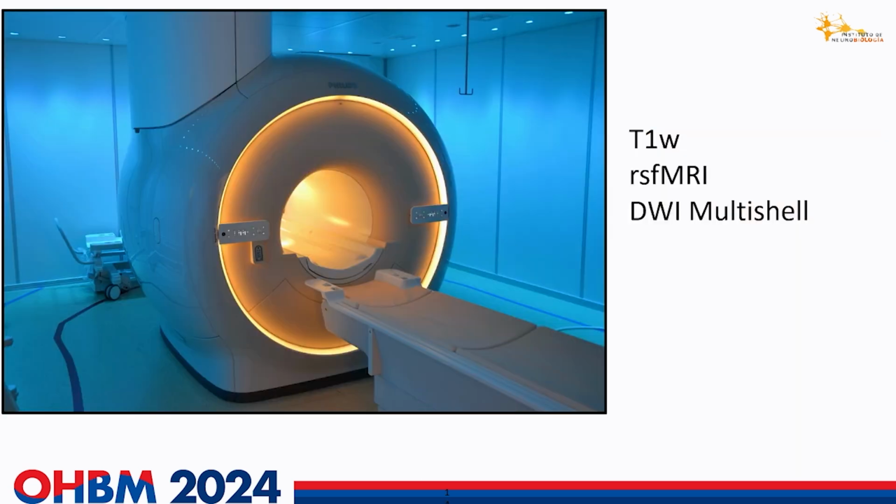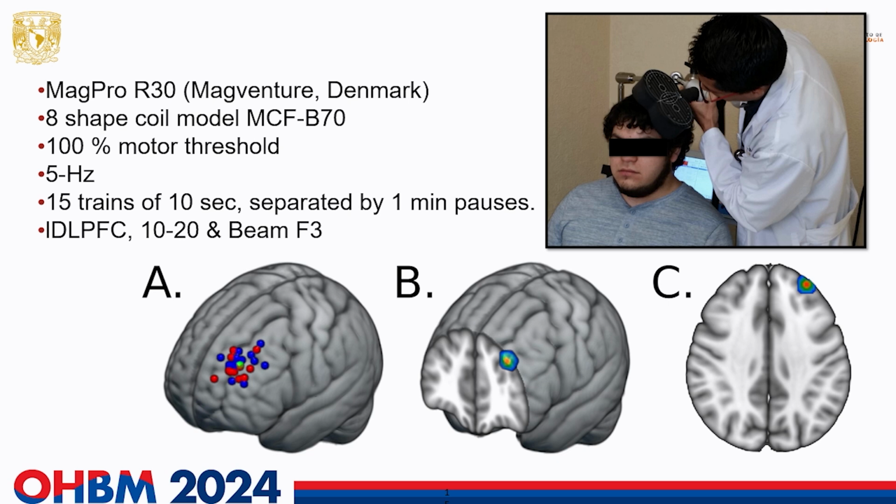We acquired T1-weighted images, resting-state fMRI, and multi-shell diffusion with a Philips Achieva, sorry, it's an Ingenia that we had for the clinic. And what we did here, we didn't have a neuronavigator, and this is something I want to share because everyone else can actually use it for this type of study. We didn't know exactly where to stimulate, like everyone.